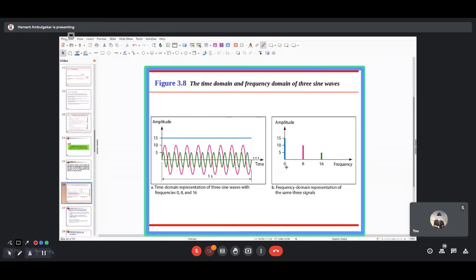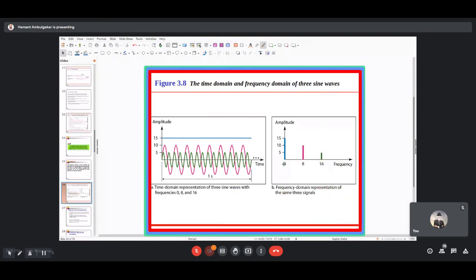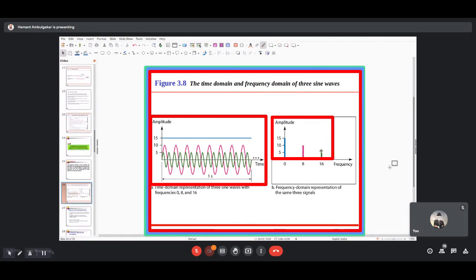The sine wave in blue has frequency 0 and its amplitude is 15. Pink, 8 frequency and amplitude around 10. Then green having 16 frequency and 5 amplitude, right?